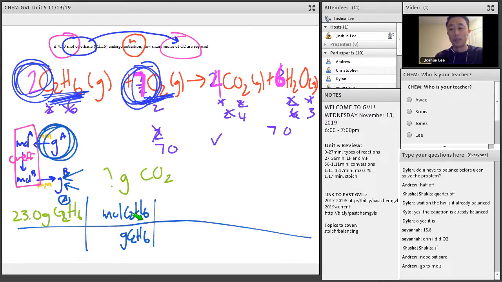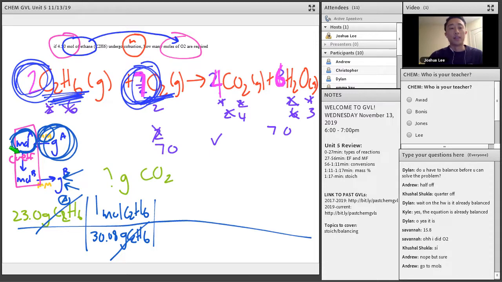Mr. Mole is by himself in this case, so he could get the 1. And how do you find how heavy 1 mole of C2H6 is? You use the molar mass. Molar mass is 30.08. Grams of C2H6 cancels out. Now we're at moles of C2H6 right here.